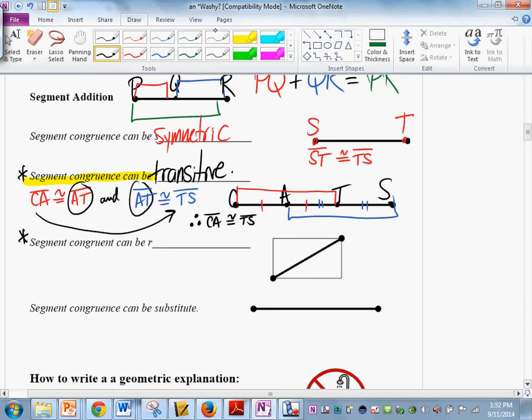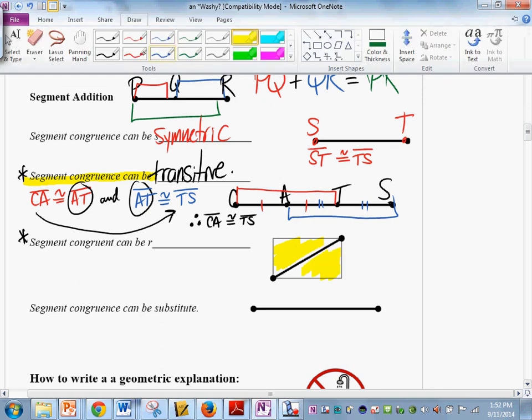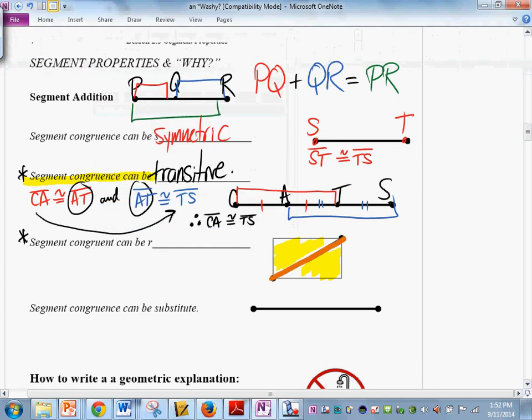This one looks a little weird. Ready? Shade this and shade that. Darken the center one.